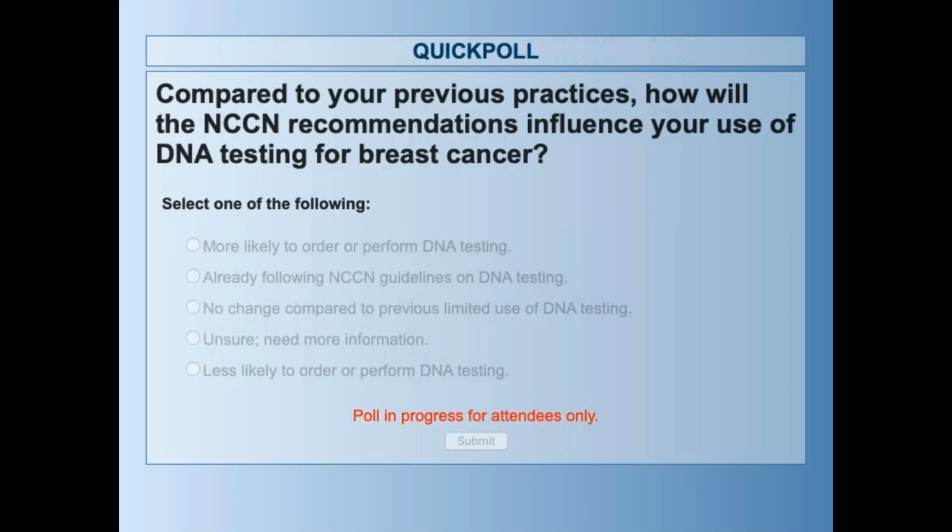Well, one of my longstanding complaints is that the guidelines don't reflect clinical practice for a long time, that there's a long lag between when the drug is approved and when the guidelines come out. But the NCCN has really been responding to that criticism, and they're getting really quick.